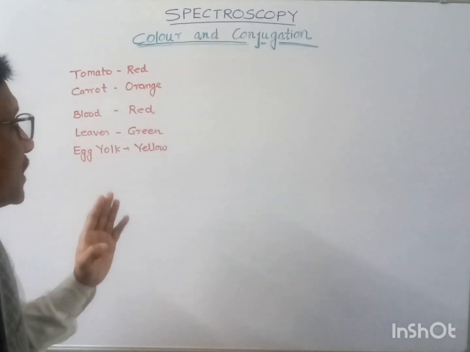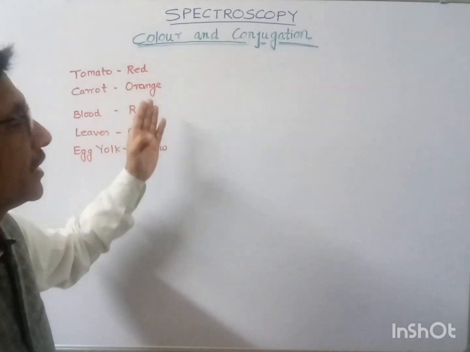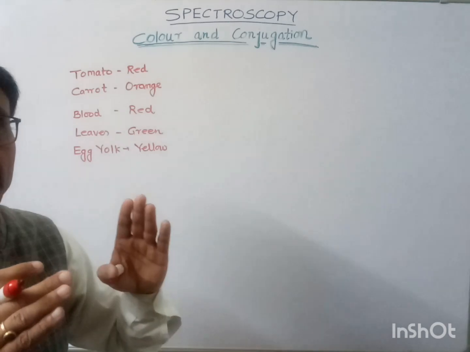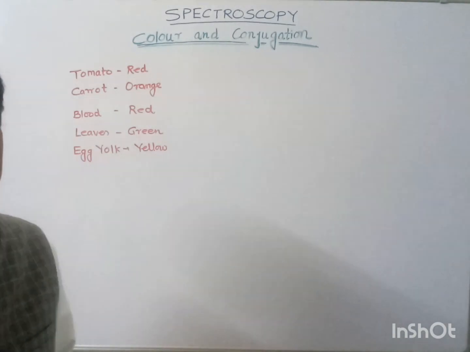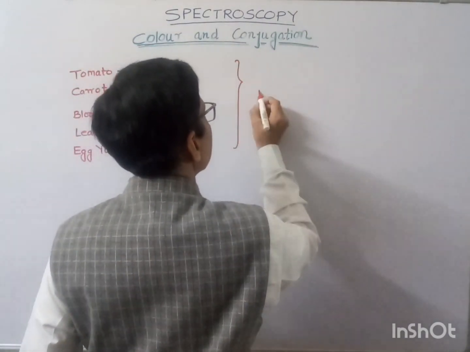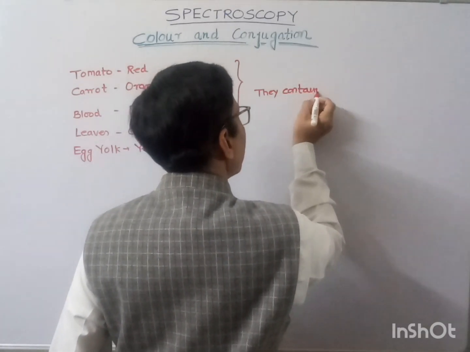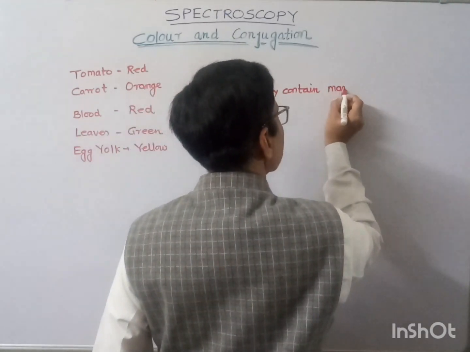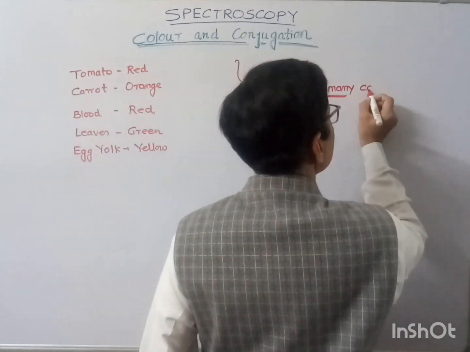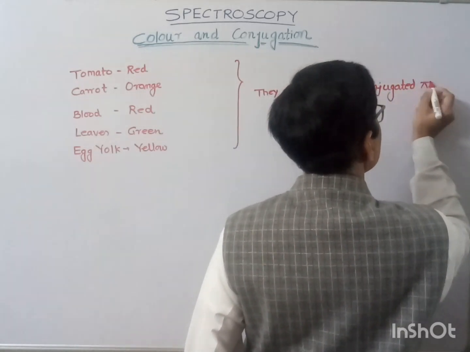One answer is that these substances contain a pigment, and also they contain many conjugated pi bonds.